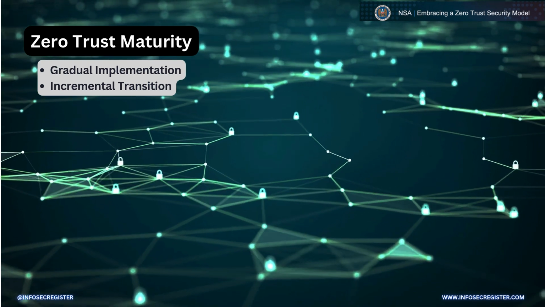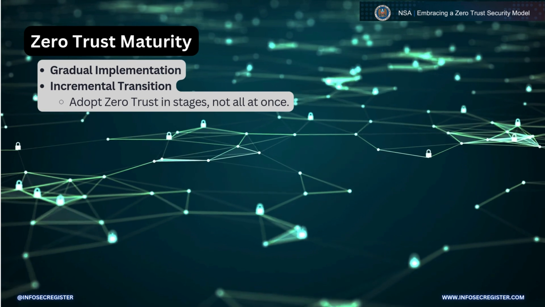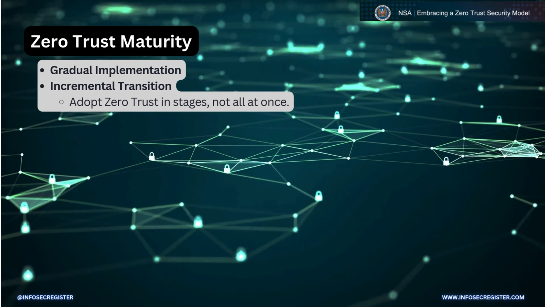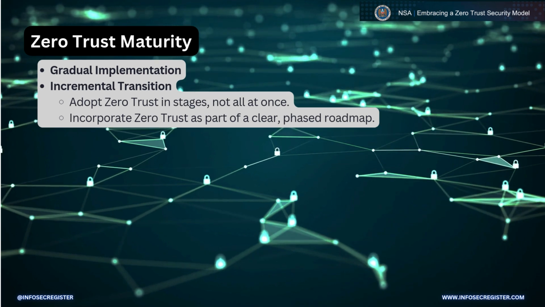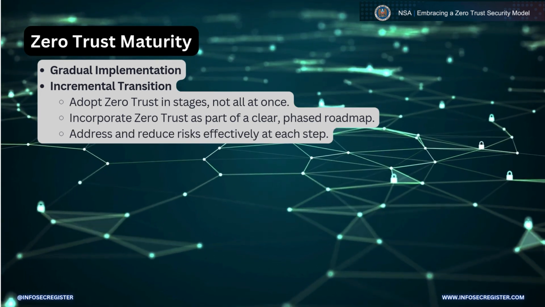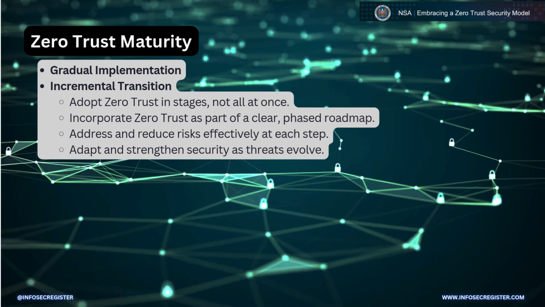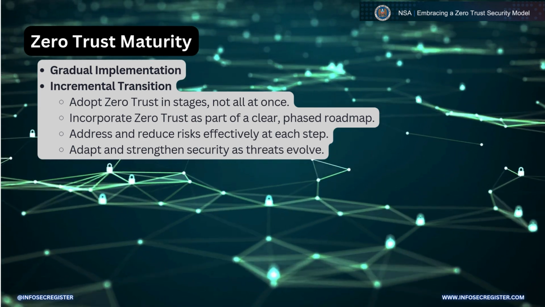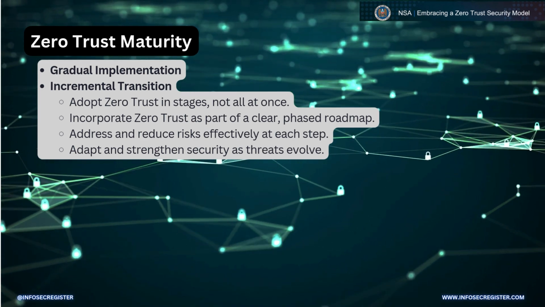Then, incremental transition. It's crucial to understand that transitioning to a mature zero-trust architecture does not need to happen all at once. By incorporating zero-trust functionality incrementally as part of a well-thought-out strategic plan, organizations can effectively manage and reduce risks at each step. This gradual approach allows for continuous improvement and adaptation to evolving security challenges.